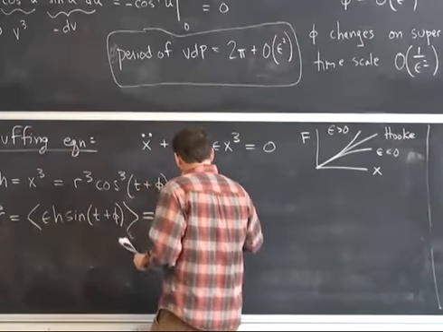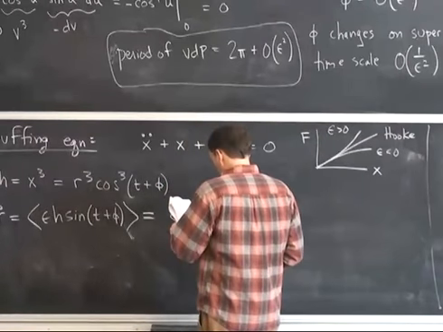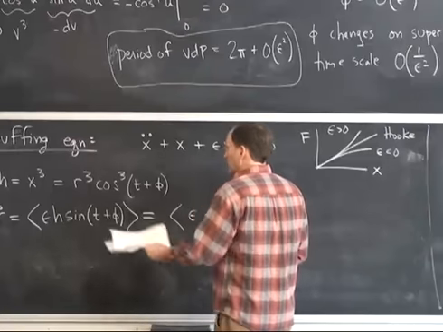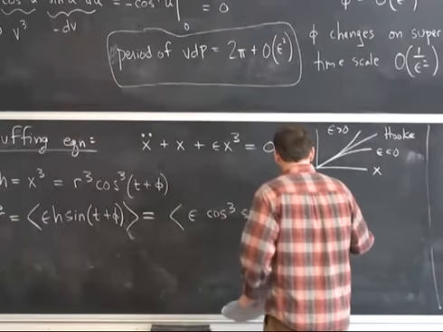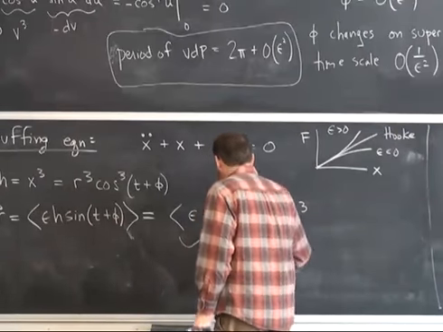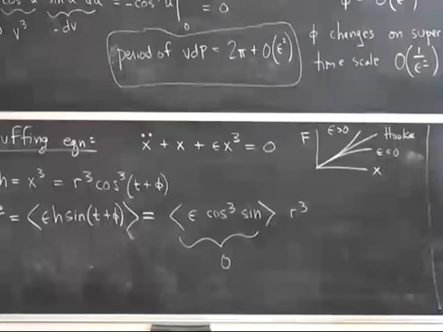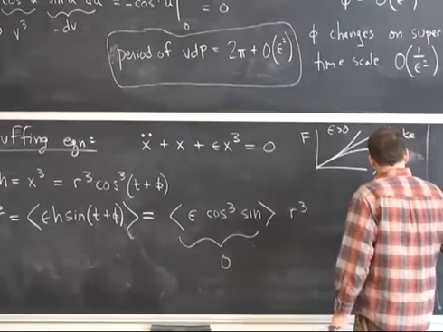So this is the average of epsilon cosine cubed sine, and I guess I have an r cubed coming outside. But this average we already know is 0. We talked about cosine cubed sine. So in fact, r dot does not change. r dot is order epsilon squared.